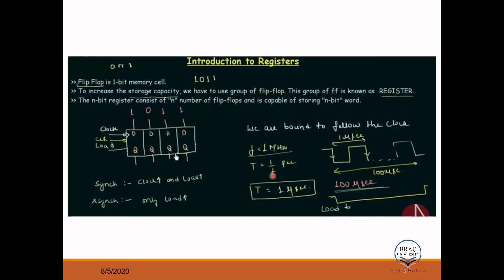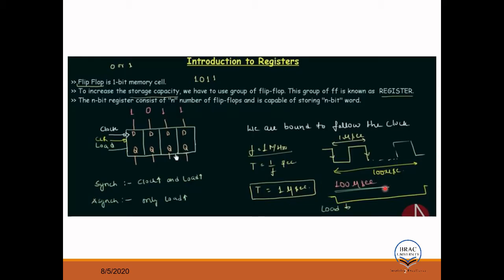Preset low means setting the flip-flop to 1, and clear low means setting the flip-flop to 0. So it will only be activated when your override is activated, right? Preset and clear will be activated when override is activated.